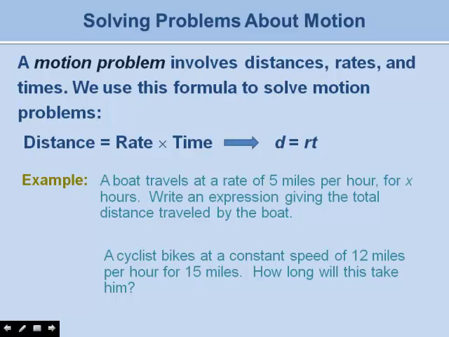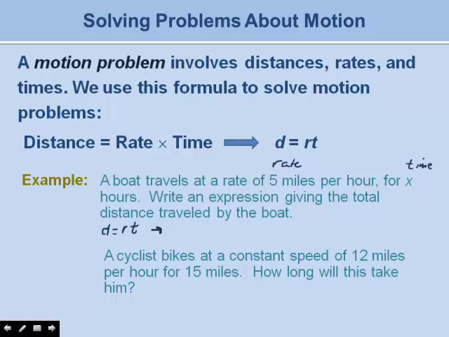So here are a couple of examples of using this formula. We have a boat that travels at a rate of 5 miles per hour for x hours. So our 5 miles per hour is our rate, or our r, and x hours, that's a time amount, so this would be our time. And we want an expression giving the total distance traveled by the boat. So we're trying to find the distance, and we know that distance is equal to rate times time.